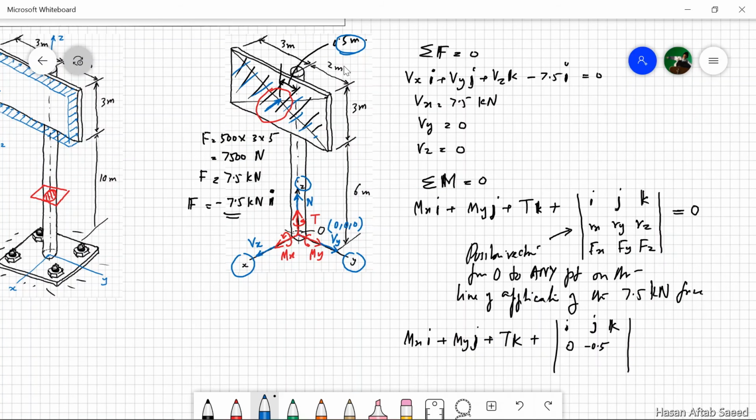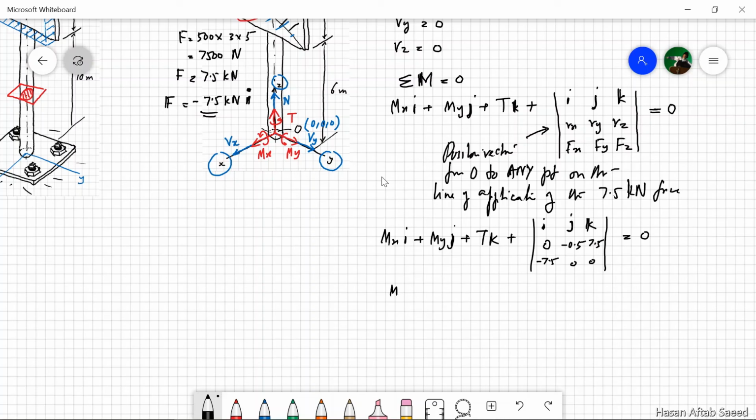Minus because the vector goes in the negative y direction. Here in that direction we have 7.5. As far as the force is concerned, it is only in the negative x direction, so it is minus 7.5, 0, and 0. This must be equal to 0.